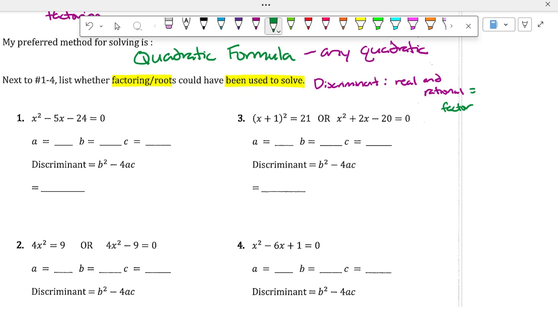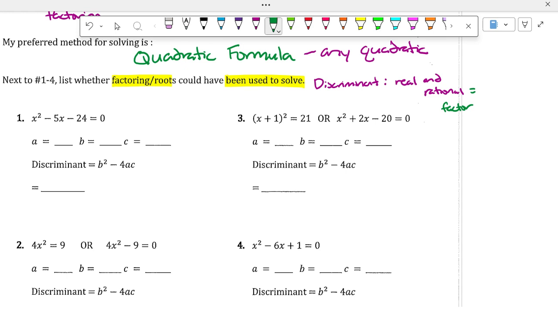So how do I know that my discriminant is going to be real? What are the two conditions that make our discriminant real? Think back to what we talked about, not yesterday, but the day before, with the discriminant formula. Come on, guys, look back at your notes if you don't remember.